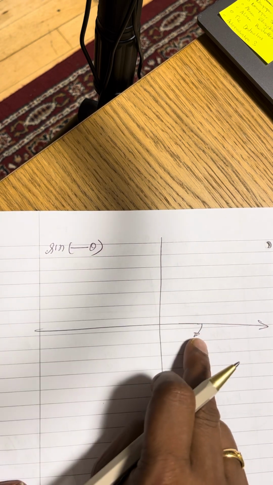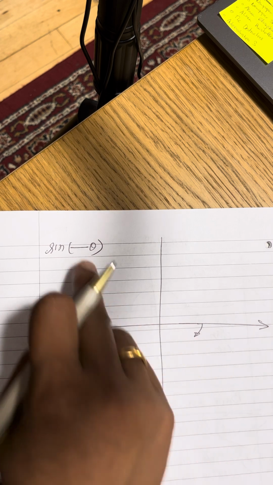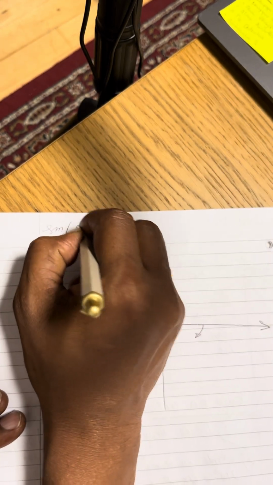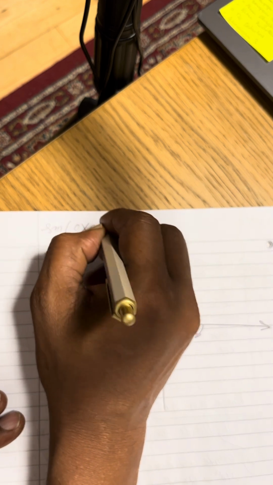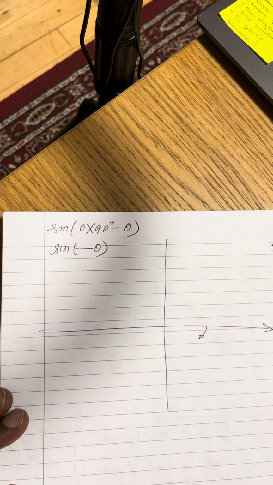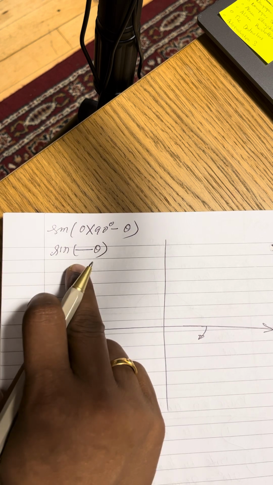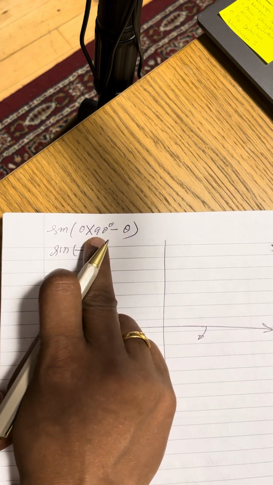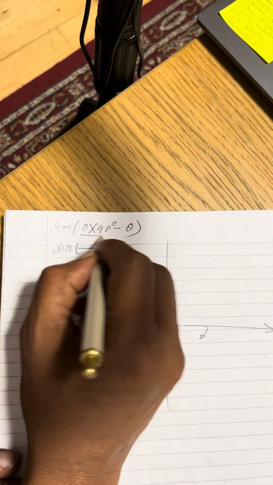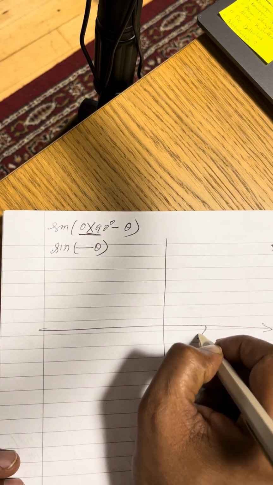Sine minus theta means here. And in this case, you can say sine of 0 times 90 minus theta. You can write in the form like this, in the same form, but 0 doesn't make sense. Therefore, it comes to here, right?